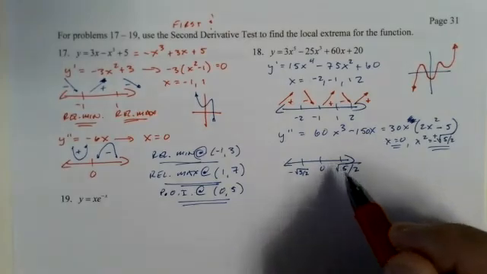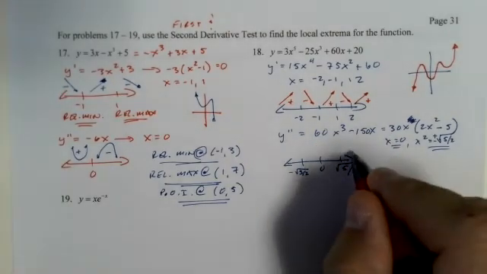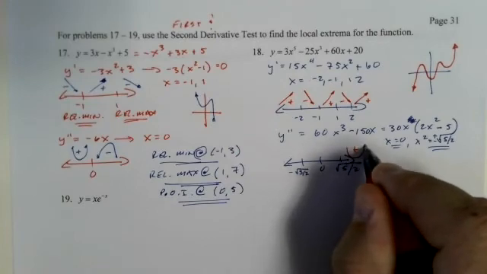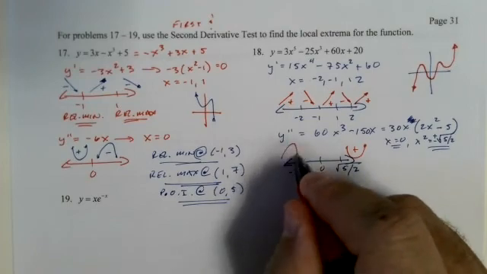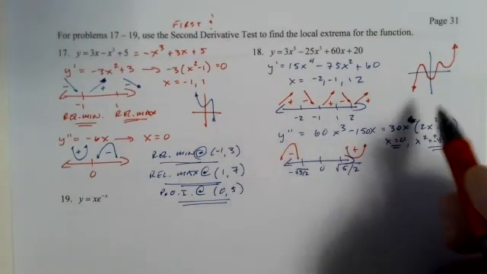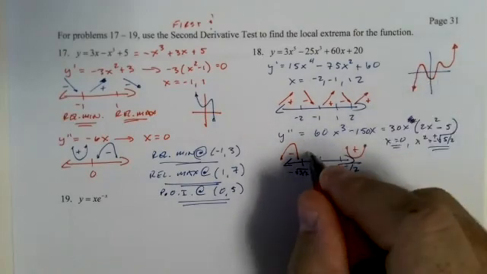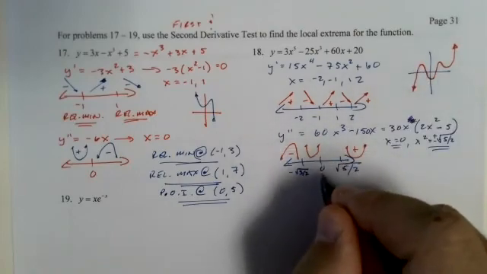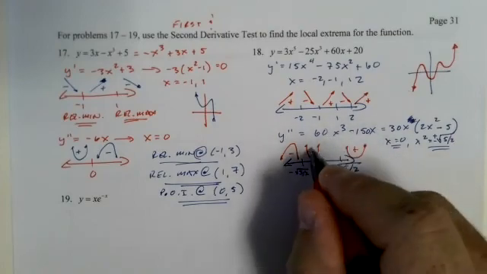Plug in freakishly large numbers. It's going to dominate. It's positive. Freakishly negative number. It's negative. It's making sense. Negative, positive. And it's going to go back and forth. Plug in -1. -60 plus 150.